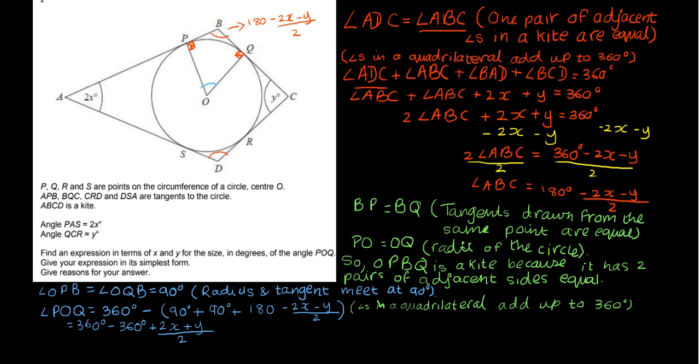So that's angle POQ. So the 360 degrees cancels out with the other 360 degrees. So in the end, you get angle POQ is equal to 2x plus y over 2. And that is it.